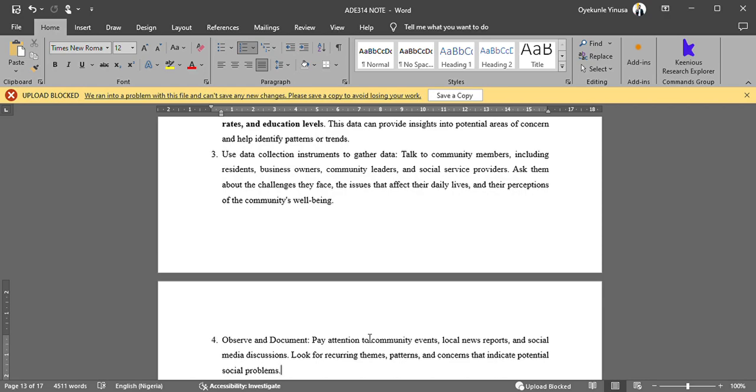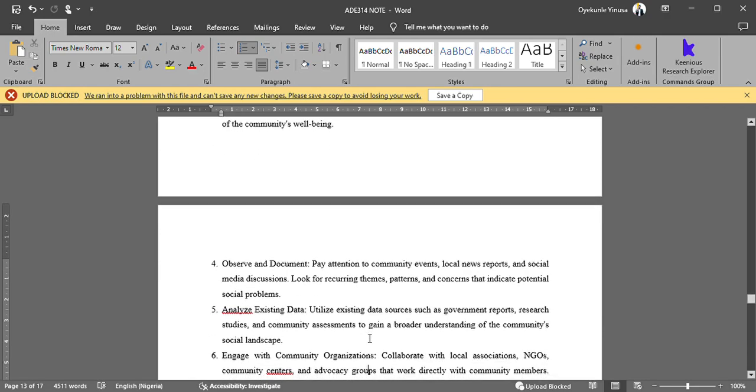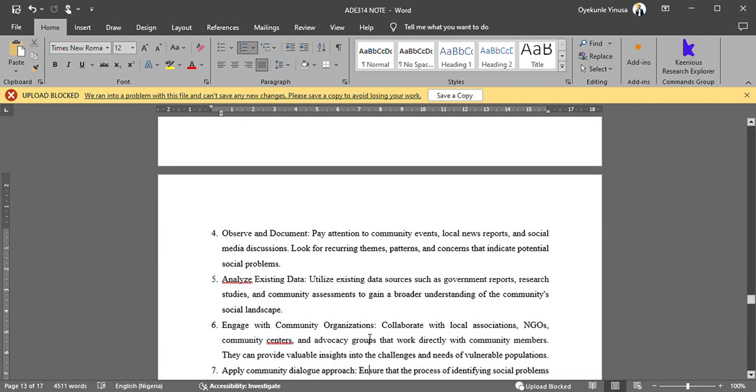You are not going to sit down in your house and identify problems. You need to go into the community, observe what is happening, and document what you have been able to get, be it from a local or community event, local newspaper reports, or social media discussions. Just ensure that you observe and document your report accordingly.